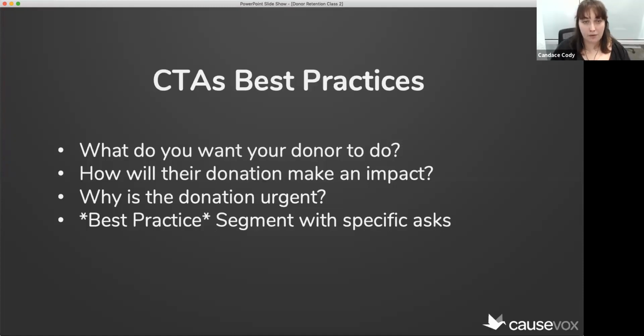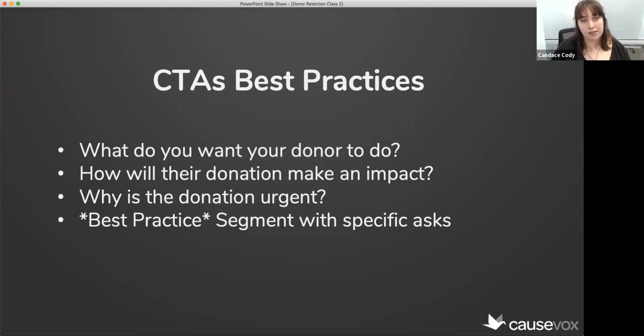Even if you have a great ask with please donate today to give winter relief, so how the donation will make an impact, but what exactly makes it urgent for them to donate today? And I think when you do answer that in your call to action, you're going to see more conversions on that ask and therefore increase donor retention.